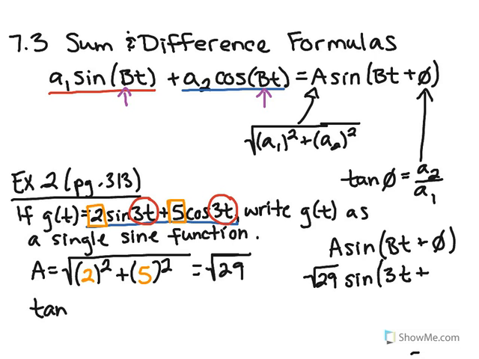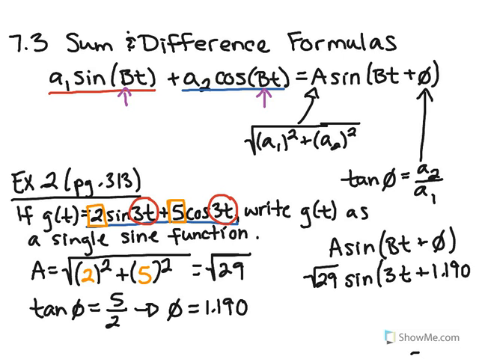So tangent phi equals A2, which was 5, over A1, which was 2. And when I use my inverse trig, that should yield phi to be 1.190. So over here, that's exactly what I'm going to write. So 1.190.